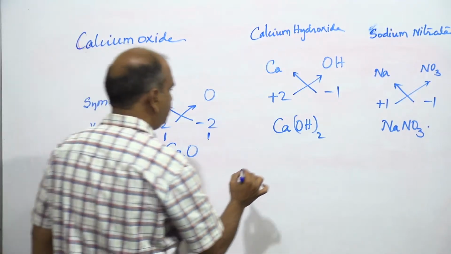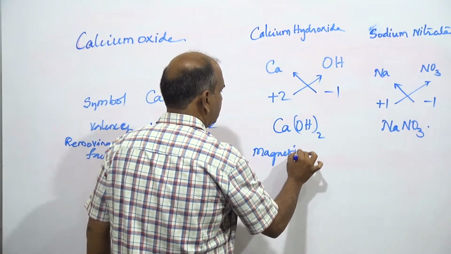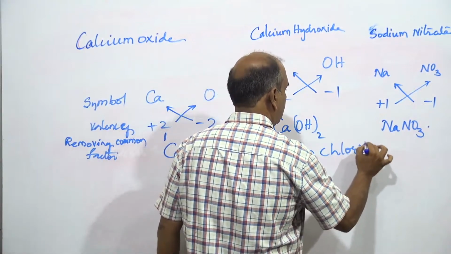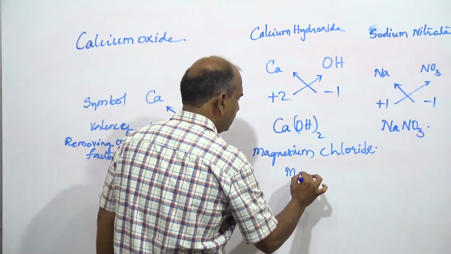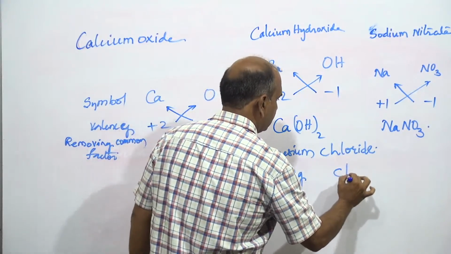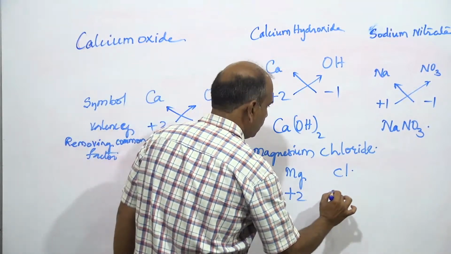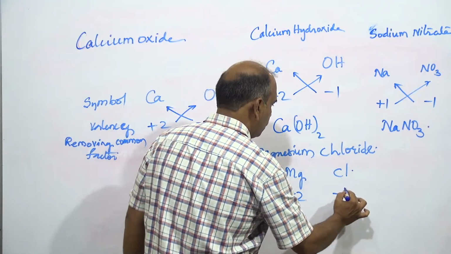Magnesium chloride. In magnesium chloride, Mg and Cl. Then +2, this is -1.